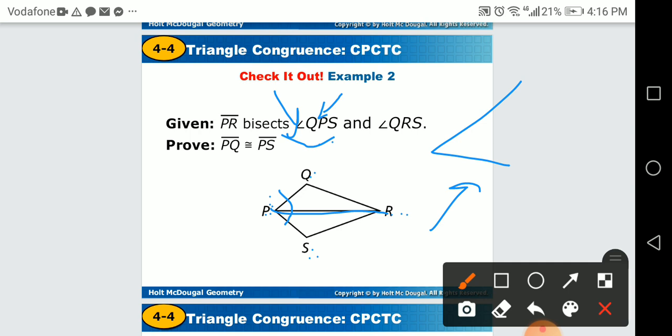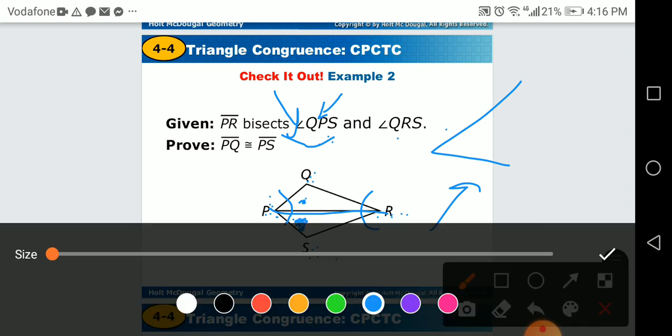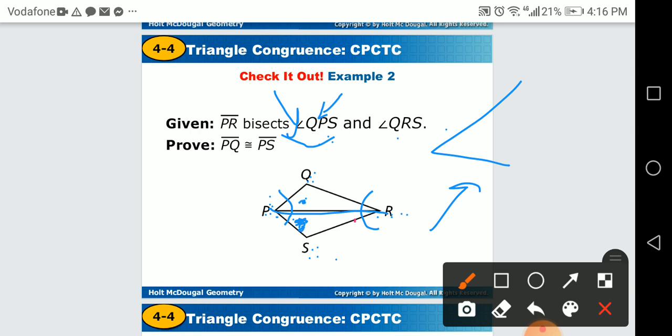Remember, QPS, the angle is the letter in between. And what else? QRS on the other side, this angle QRS. PR also bisects this angle. When I say they bisect the angle, it gives me equal what? Equal angles. As you see here, two angles are congruent, and also on the other side, the pink one, I have two congruent angles. So you have congruent angles and one common side.